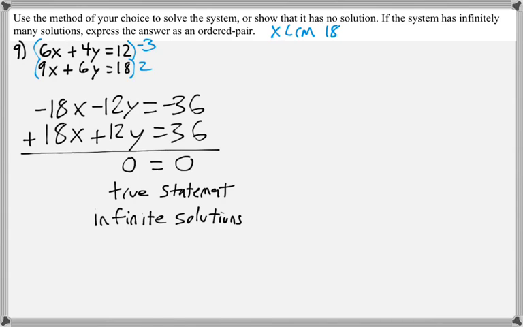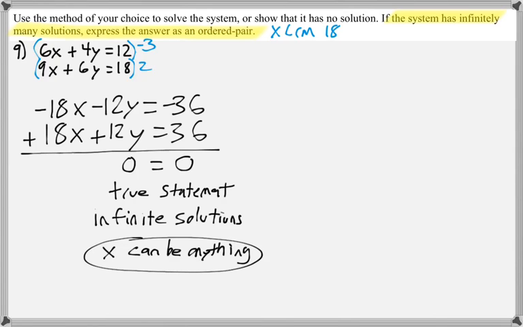And then they still want us to write it as an ordered pair. So what that means is I'm going to let x be anything, and then I want to get y in terms of x.